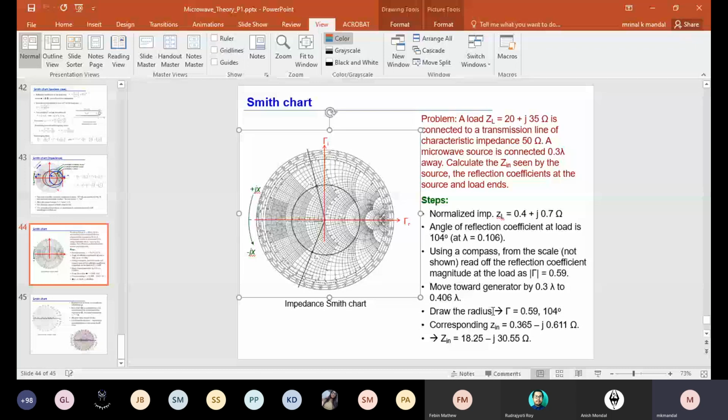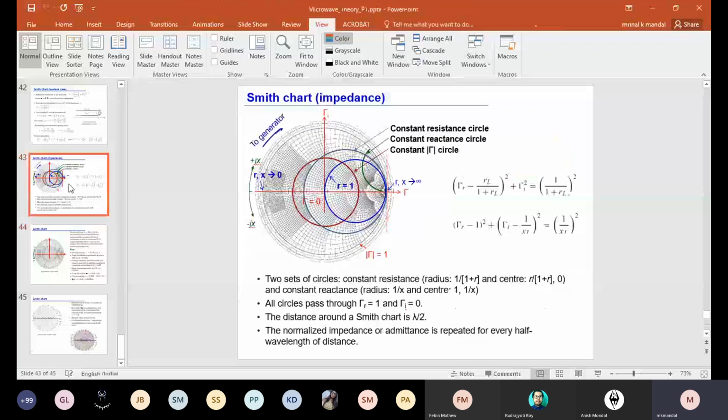Next, it is given that we have to move to the generator end, the source end, by a distance of 0.3 lambda. The lambda scale is given, and you recall that when we go clockwise, it represents moving towards the generator, and for moving towards the load we go anti-clockwise.